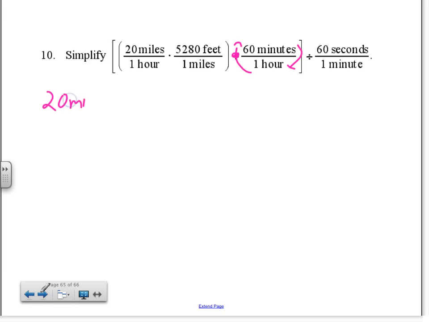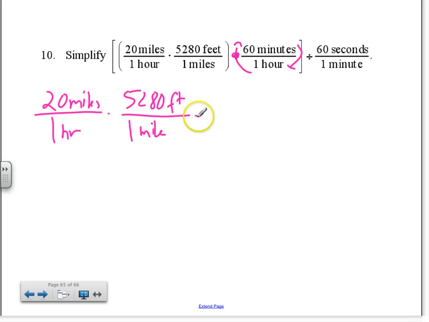We have 20 miles over 1 hour times 5,280 feet per 1 mile times, look what happened, 1 hour over 60 minutes, and we have, once again, another division problem. So we turn it back into a multiplication and we flip.